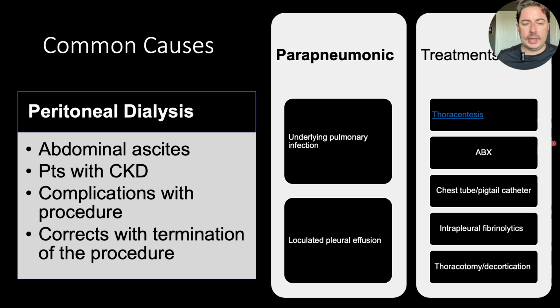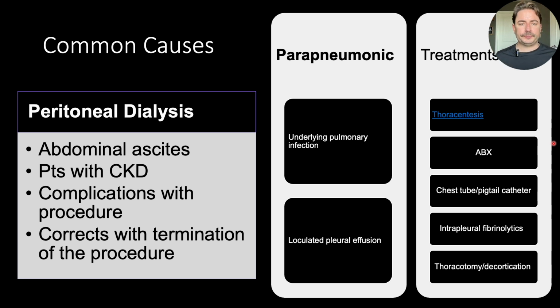When we look at the underlying pulmonary infection, these are going to be mostly staphylococcal or pneumococcal pneumonias. So if you see staphylococcal pneumonia or pneumococcal pneumonia, be wary of patients accumulating a pleural effusion. The loculated pleural effusion just tells you that it's bound or adhered or attached to the pleural surface.